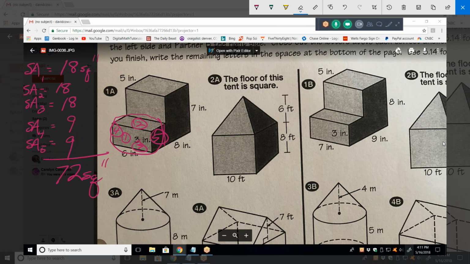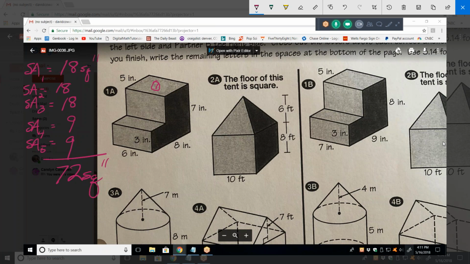Now let me erase what I've drawn on here. And let's deal with the bigger rectangular block. Okay. And this time we have surface area 1, top and bottom, right? Yes.